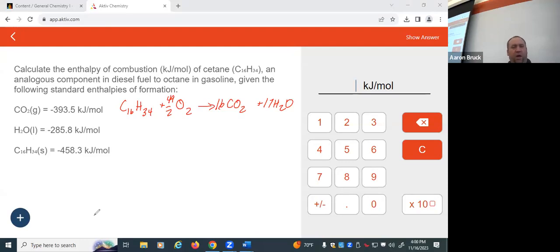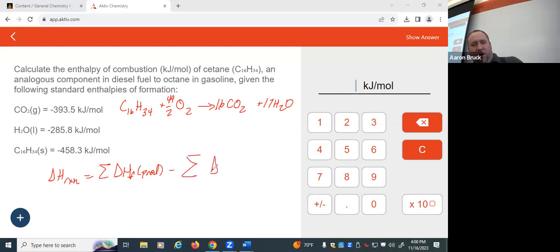And so how we would set this up is delta H for the reaction is equal to the sum of the heats of formation in the products minus the sum of the heats of formation for the reactants. Now we've been given the heats of formation here.